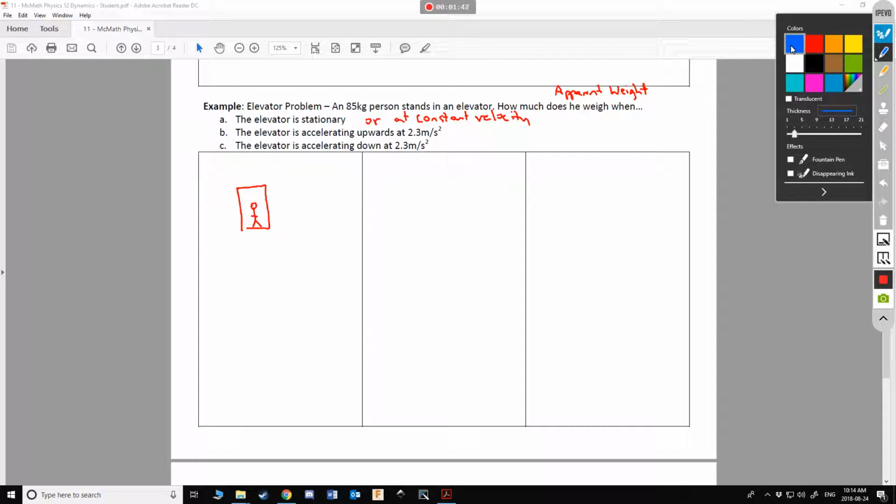So we ask ourselves, what forces are acting on this person? First we need to recognize that a is equal to 0 meters per second squared when we are stationary. If a is 0, that must mean that the sum of our forces must also equal 0. That means all the forces up must be the same magnitude as the forces down.